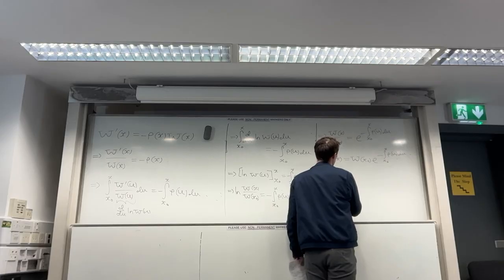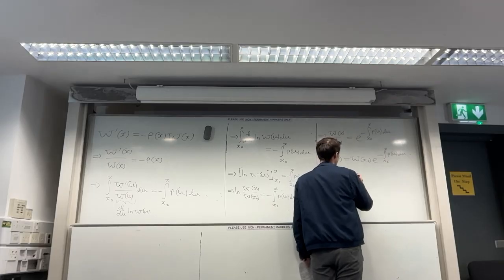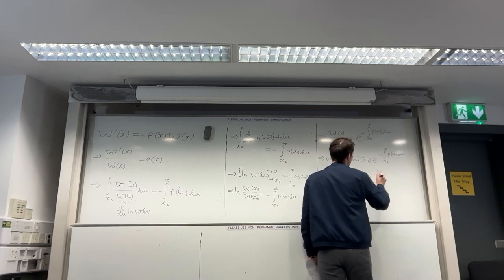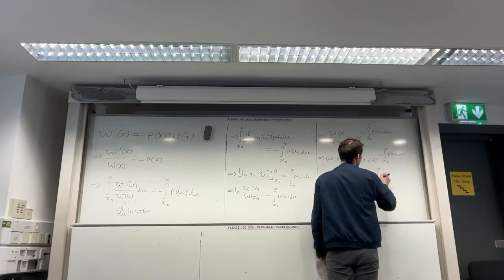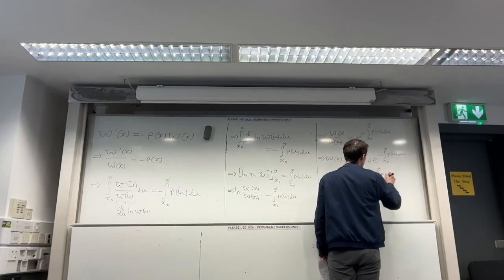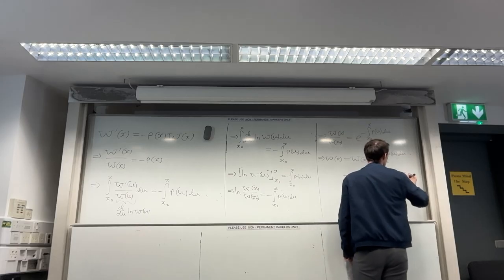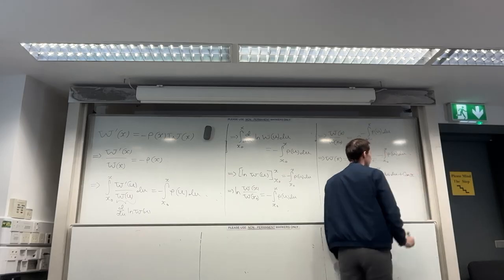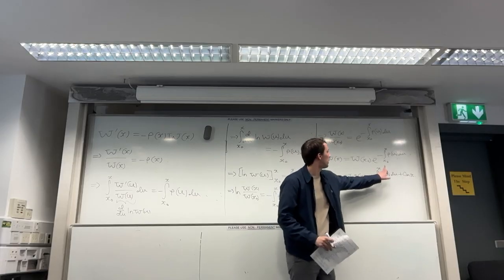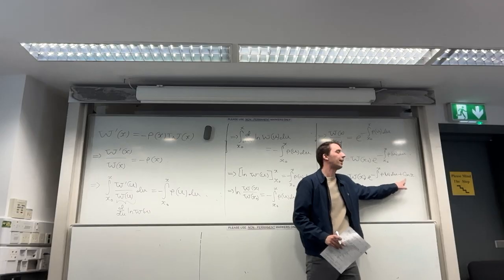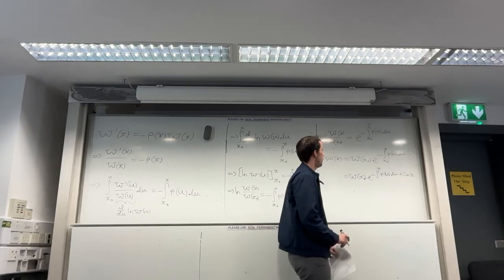Specifically, we can rewrite the exponent as minus the integral up to x of P of u du, and then plus some constant.